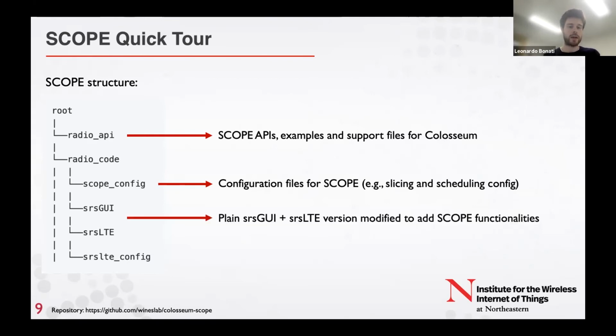Then we have the plain srsRAN GUI. This is just the plain version. And then we have the srsRAN LTE version that we modified with the added Scope functionalities for slicing, scheduling, or physical layer parameters that I was mentioning earlier. And then you have the configurations that are used by srsRAN, like the base station configuration, the user configuration, the core network, and so on and so forth.